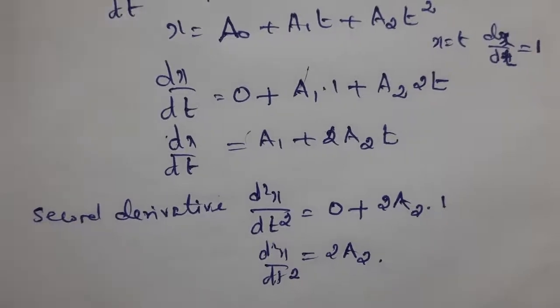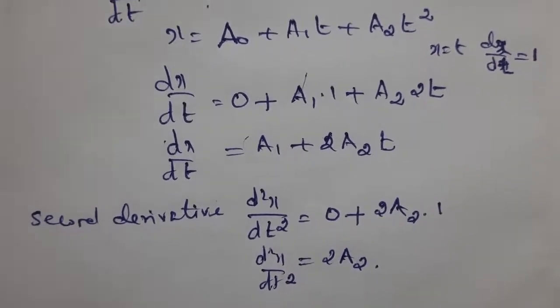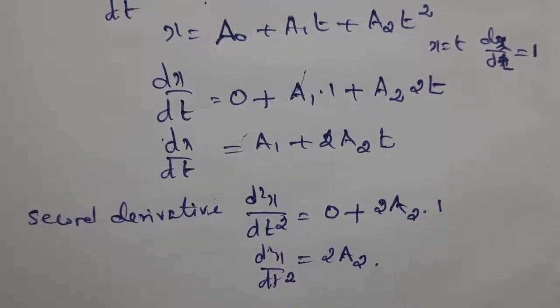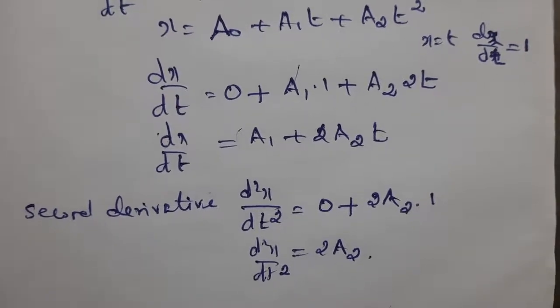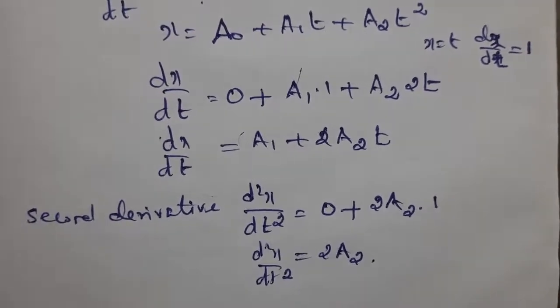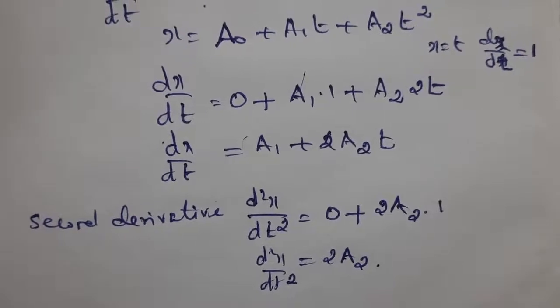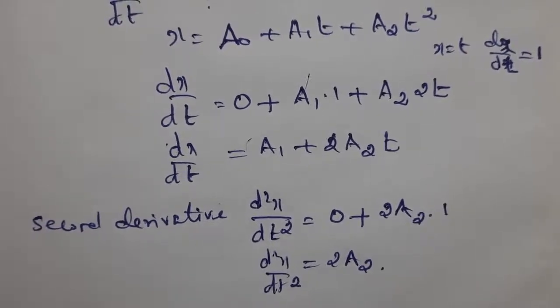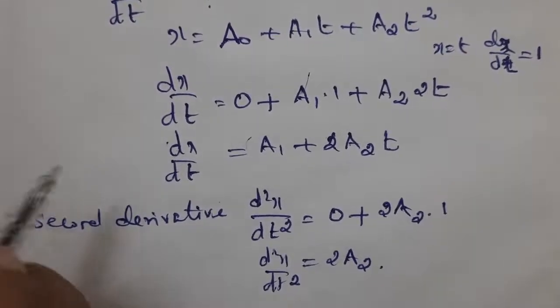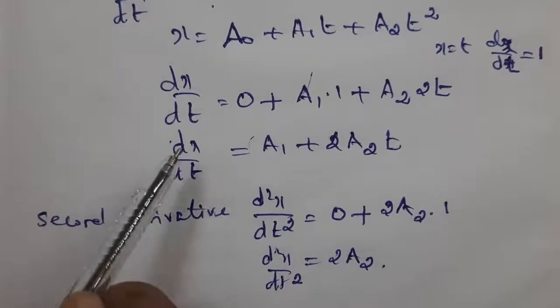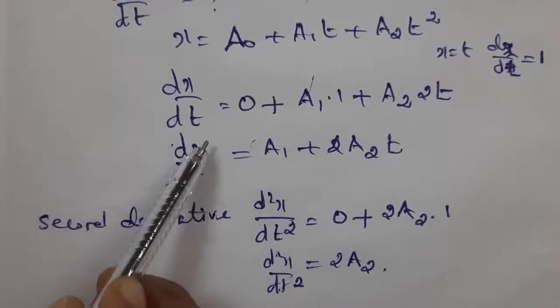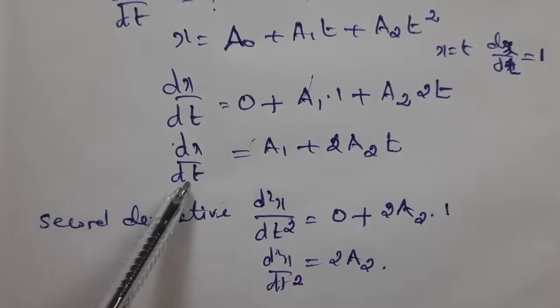Students, first time this is a little difficult to understand. When you are learning in mathematics, it is easy. And here, try to do this problem using the formulas. You have to understand, first derivative means only one time we have to do the differentiation, dx by dt.